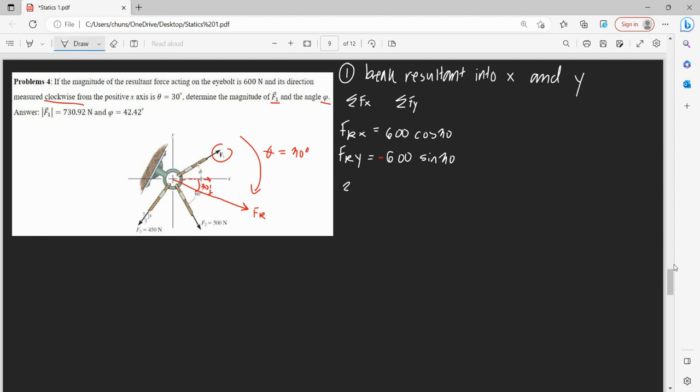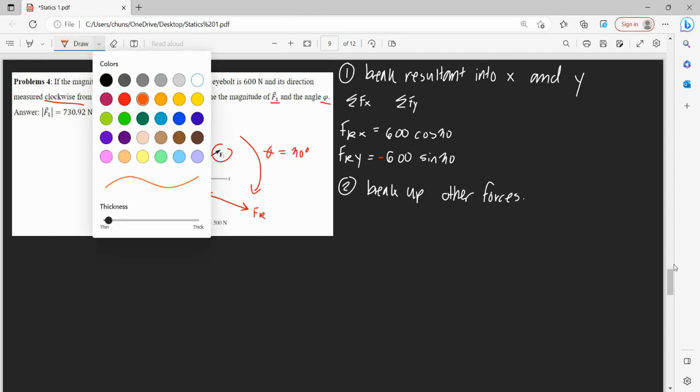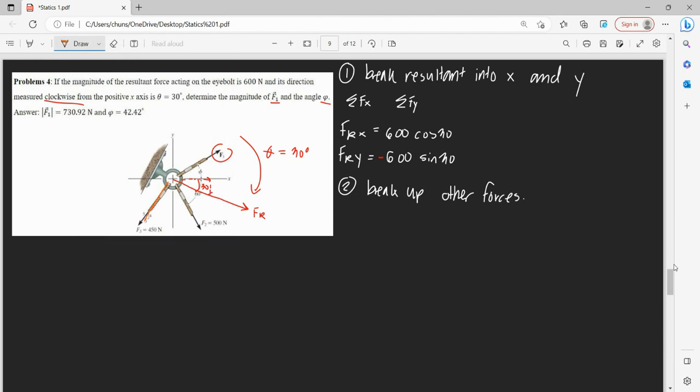So now, let's break up our other forces. We're going to start with 450.